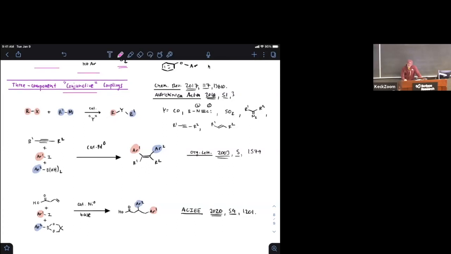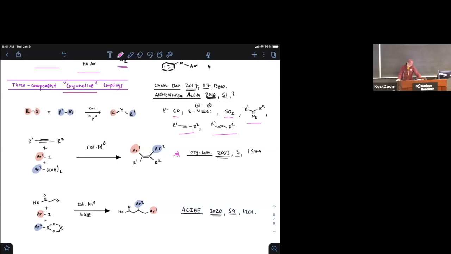That third reaction component can be something like CO, SO2, carbene, it can be a pi bond, either an alkyne or an alkene or even an allene.